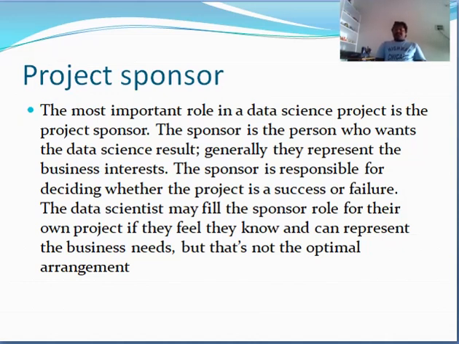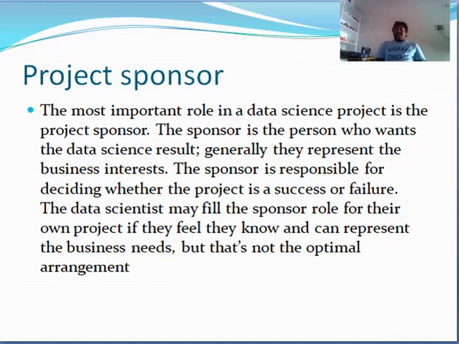The data scientist may fill the sponsor role for their own project if they feel they know and can represent the business needs. If they feel they know everything, then they can represent the business needs.